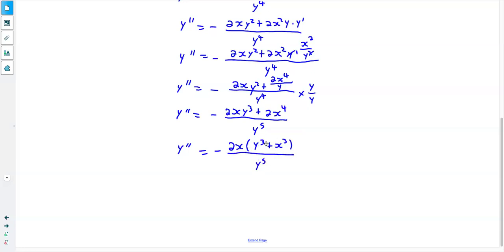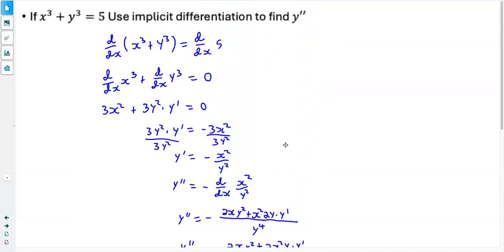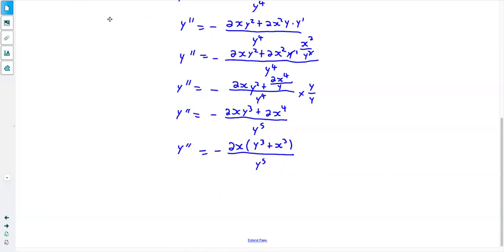Now, if this part looks familiar, y cubed plus x cubed, if we go back to the beginning, is equal to 5. So we can replace this with 5. So that gives us y double prime is equal to negative 2x times 5 over y to the power of 5. So y double prime is equal to negative 10x over y to the power of 5.